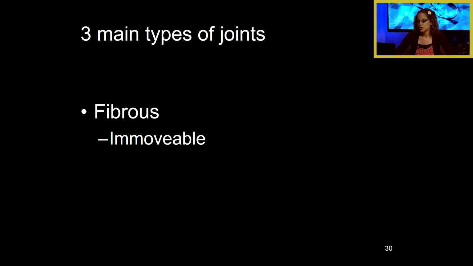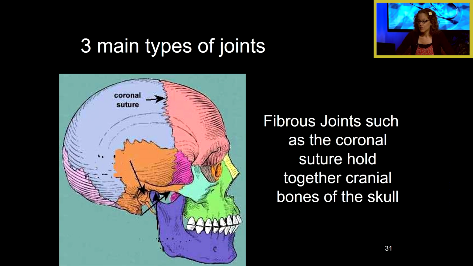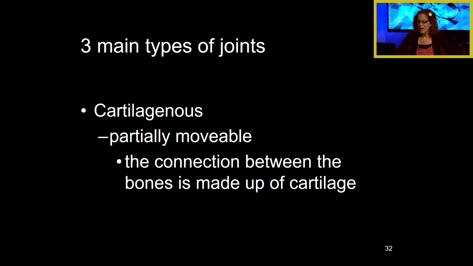We have fibrous joints that are immovable. An example of these would be the ones that are in our skull. We have these fibrous joints such as the coronal sutures that hold our cranial bones of the skull together, all right? But these are not movable. We have cartilaginous joints that are partially movable.